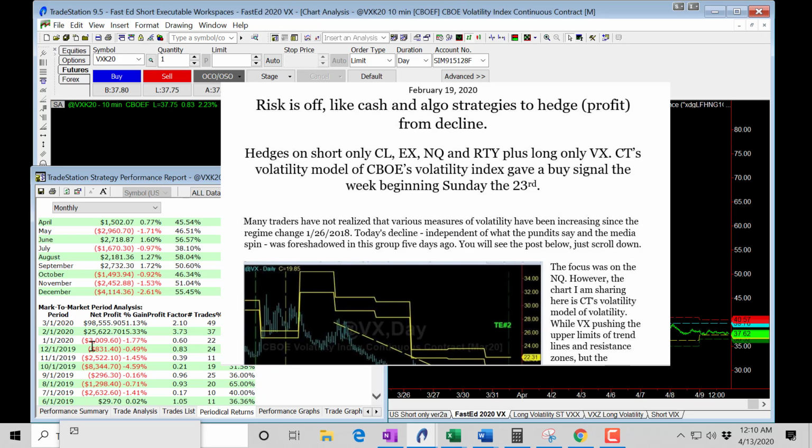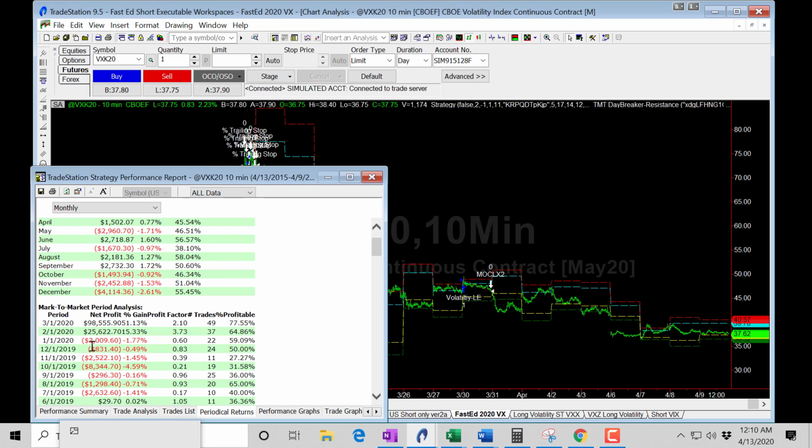Verifiably, we did not engage on the short side until February 23rd. It was a Sunday, and we gave the instructions to go status on. Since then, we've been pretty much status on. You can see we've made over $100,000, which is basically 55 to 60% on our account size.